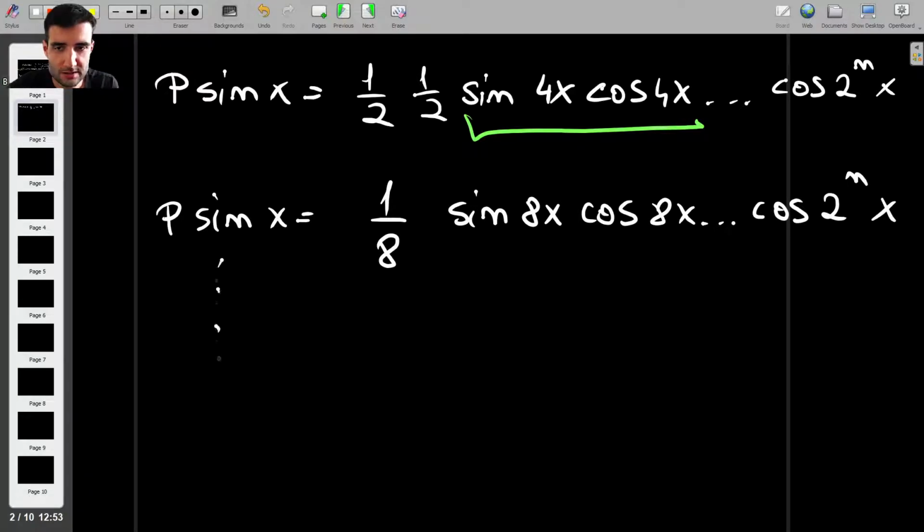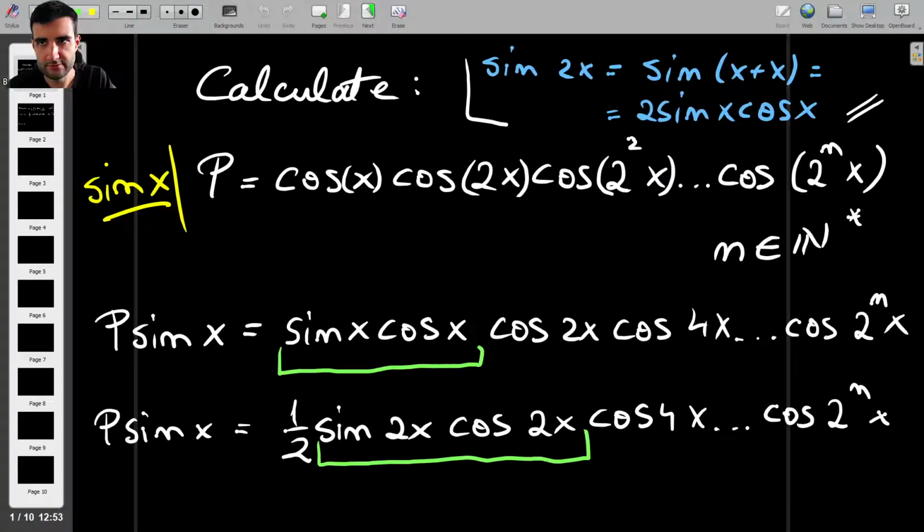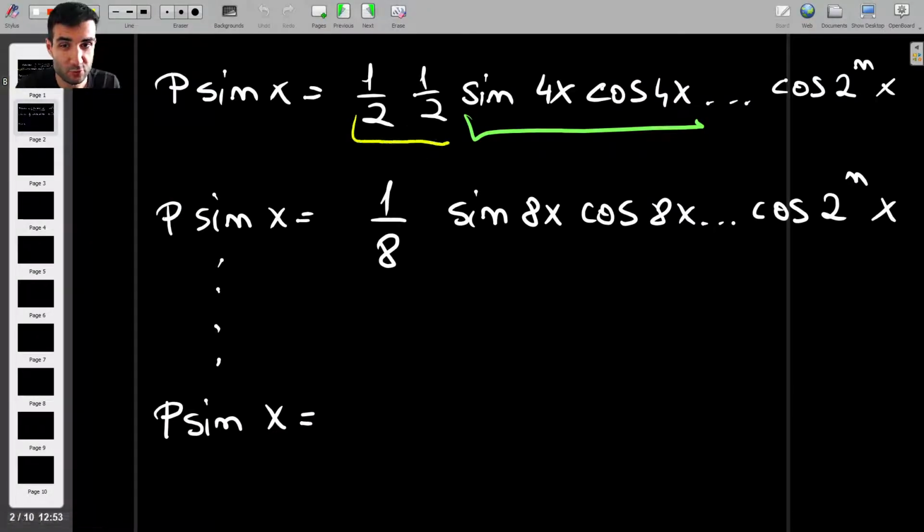So if we keep this going, and you can actually prove this with induction if you want, but I'm not going to go that route because it's just going to take some time, but it's very easy to do. This will turn into p sine x equals, so basically here's the pattern. We have 1 over 2, and when we have 1 over 2, the next two terms are sine 2x, cosine of 2x. When we have 1 over 4, then we have sine 4x, cosine 4x.